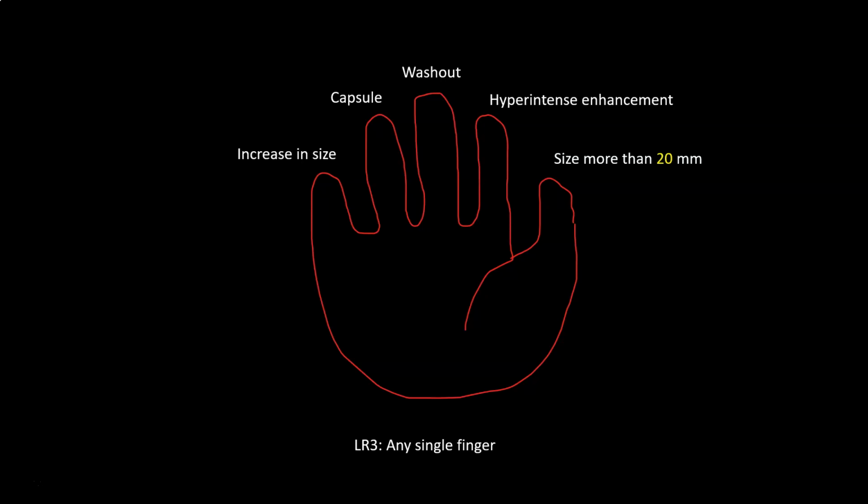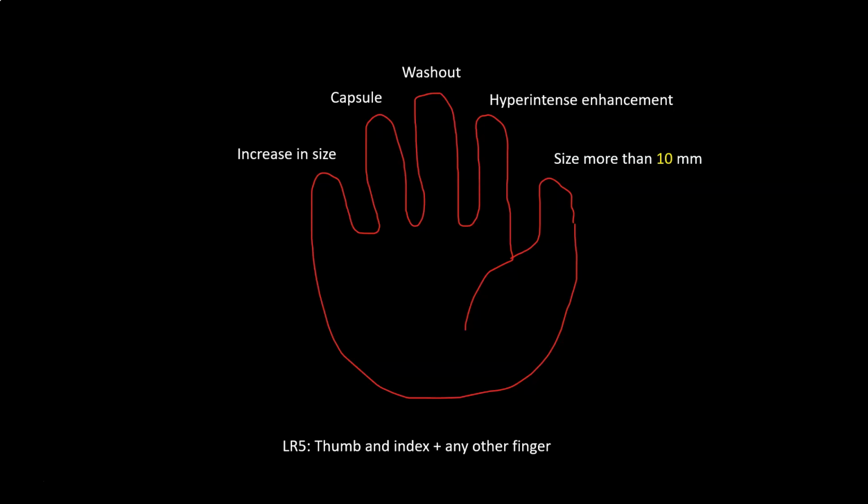the criteria. Let us put the size threshold now at 10 millimeter to diagnose a lesion as LIRADS 5. This diagnosis is very important because treatment is based on the radiological diagnosis of LIRADS 5 without verification by a biopsy. So to diagnose a lesion as LIRADS 5, we need to have the thumb and index plus any other finger.